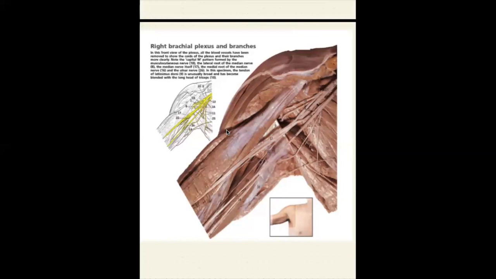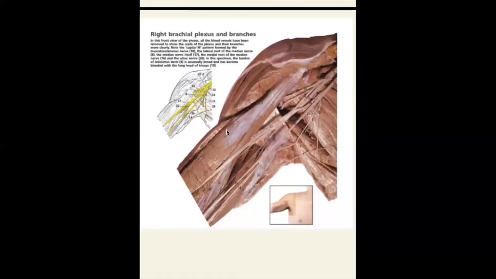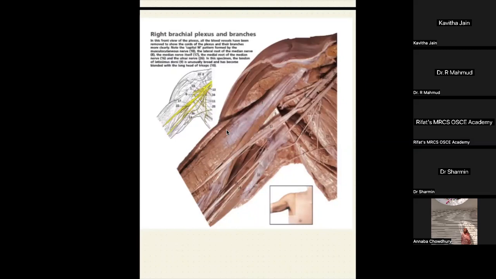What are the muscles supplied by the musculocutaneous nerve in the arm? Would you please increase your voice? We can't hear you properly. Okay, louder. There are three muscles: biceps brachii, coracobrachialis, and brachialis.